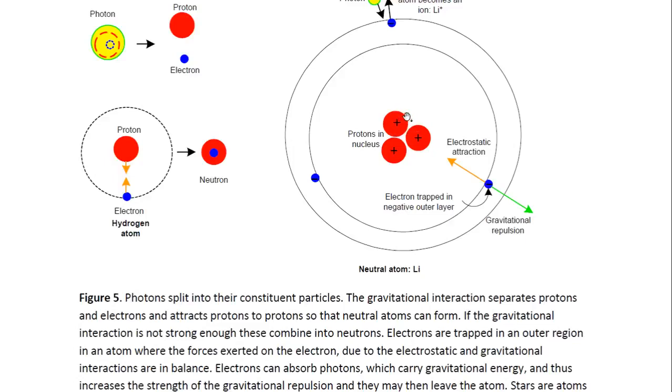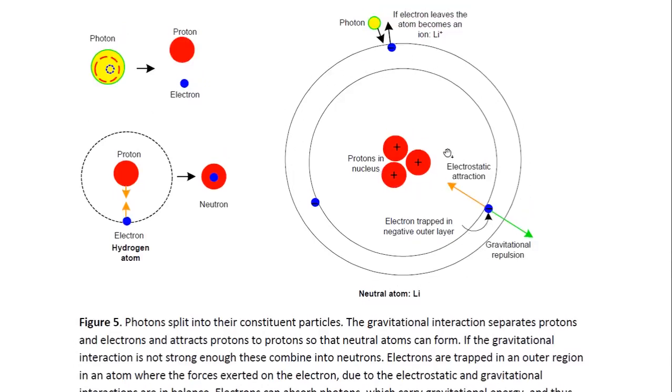The electrons are separated from the rest of the atom due to the charge separation interaction, or the repelling force between electrons and protons due to the gravitational interaction. And this causes electrons to leave the atoms at the center of the star and move outwards towards the edge, and thus form a layer of electrons where they are basically trapped in the same way as electrons are trapped outside the nucleus of an atom.